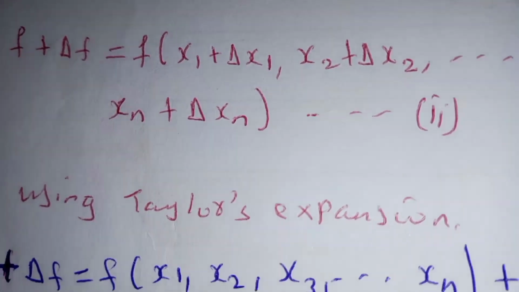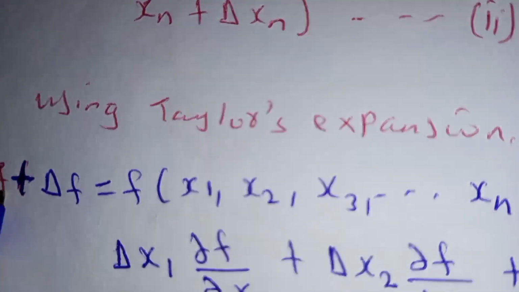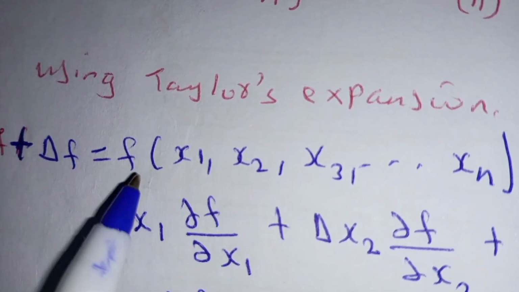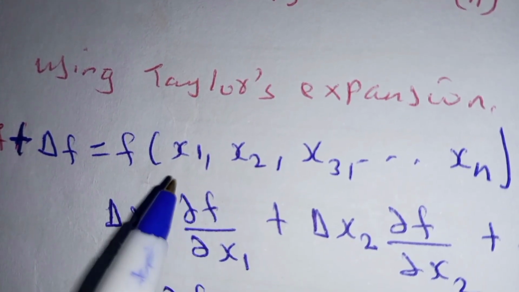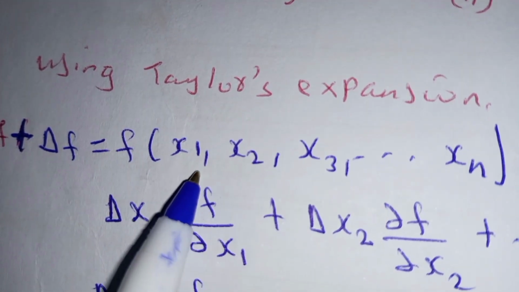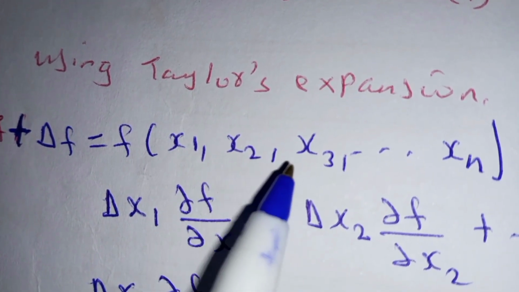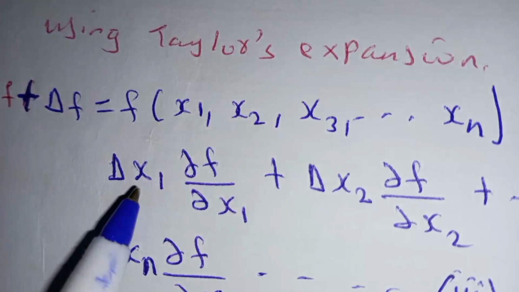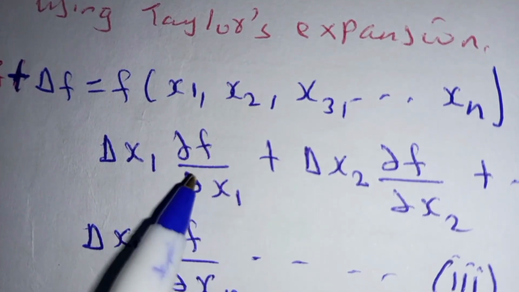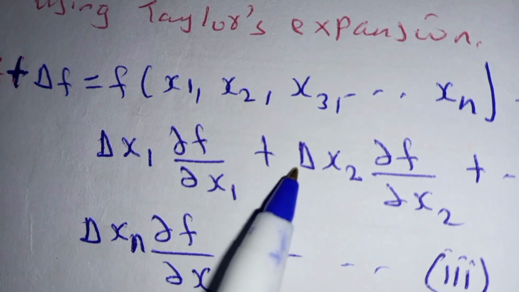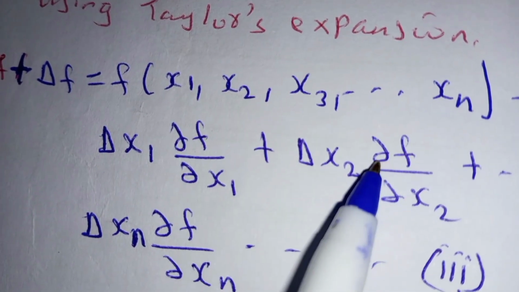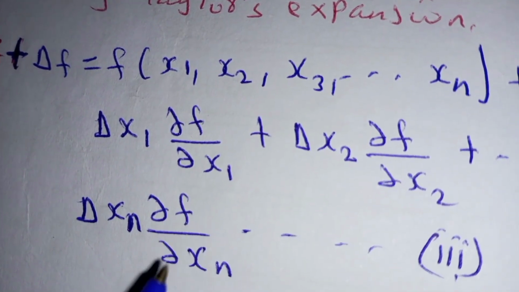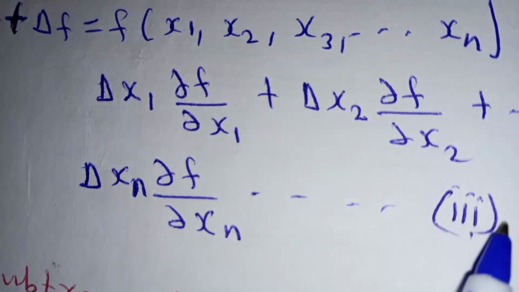And when we do that, we realize that function f plus the error in f could be given by f of x1, x2, x3, all the way to xn, plus small change in x1 times partial derivative of f with respect to x1, plus small change in x2 times partial derivative of f with respect to x2, plus all the way to small change in xn times partial derivative of f with respect to xn. We call this equation 3.